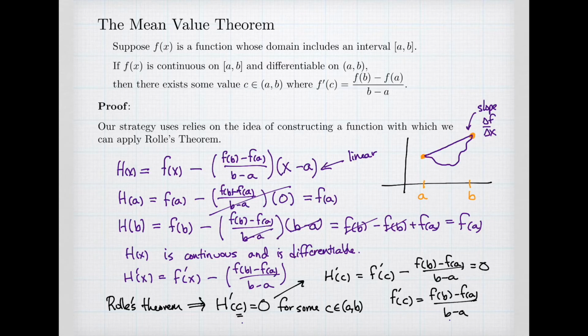What's happening is the mean value theorem guarantees that there's some point where the instantaneous rate, f prime at this point, equals that average rate of change. The tangent line is parallel to the secant line.